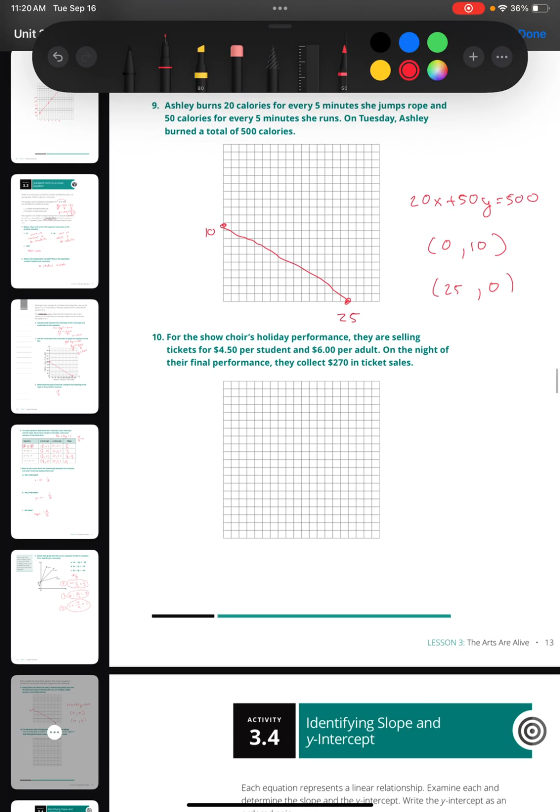And then for 10, hopefully you got this. You should have equation 4.5x plus 6y equals 270. So again, that is now 4.5 per student, $6 for an adult, and then a total ticket cost. So if you graph those intercepts, the x-intercept, where y is 0, if you divide, you're going to get 60.